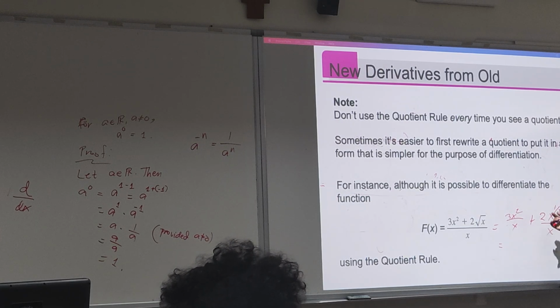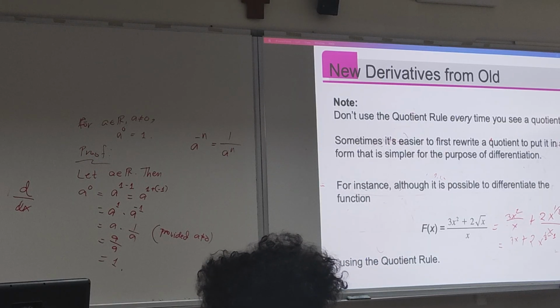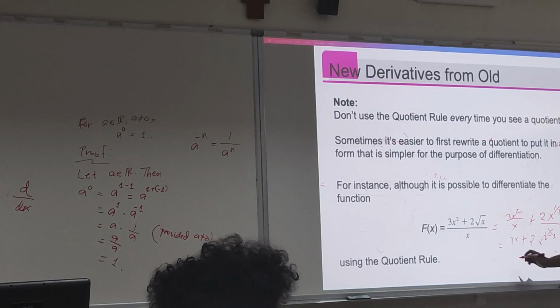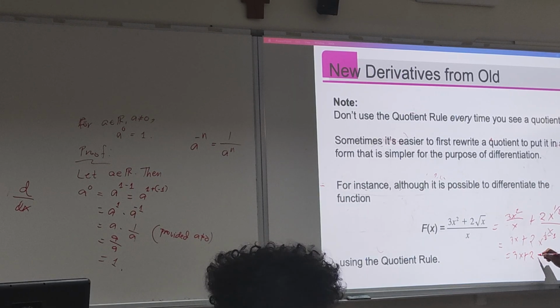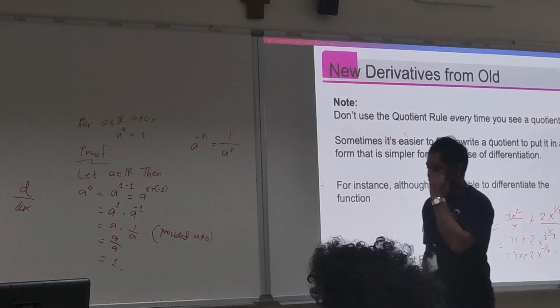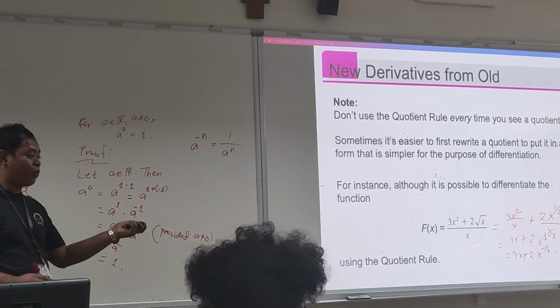Since the bases are the same on the numerator and denominator, we subtract the corresponding exponents: 3x plus 2 times x raised to 1/2 minus 1/2, so 3x plus 2 x raised to 1/2 over x.